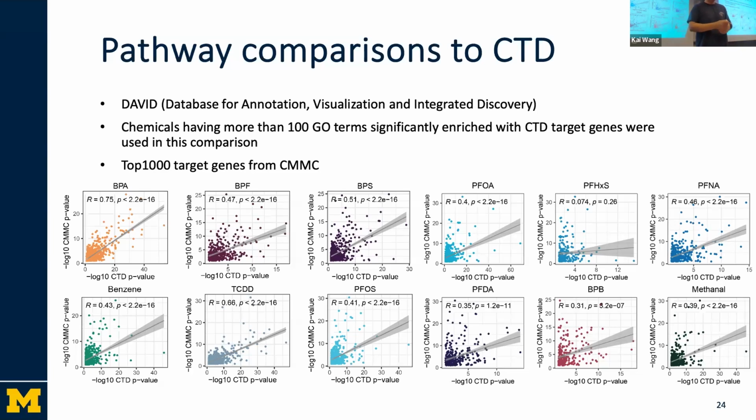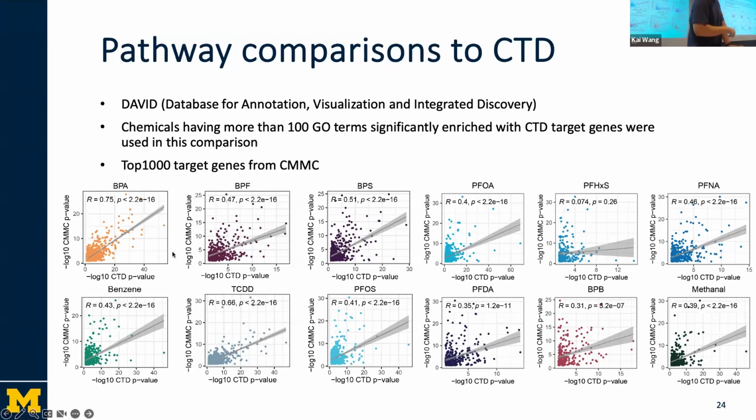For our method, we use the top 1,000 target genes from our prediction, then run DAVID to find the enriched GO terms. Then we do a correlation between the results to see if the target genes from our result can be used to find similar enriched GO terms as the real data.